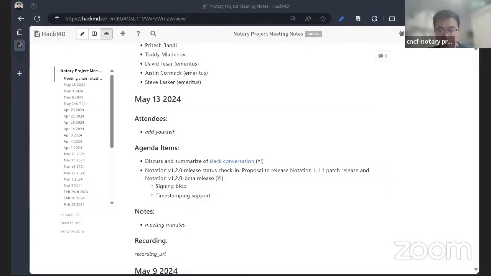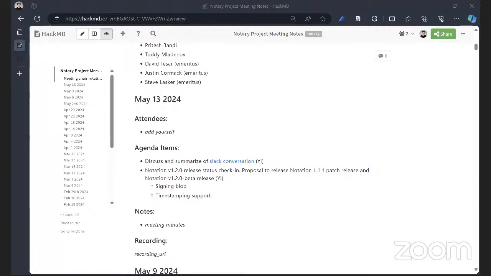This is the first part, then the second part. Can you show it on the HackMD? Can you just put a new screen on HackMD and put it there? It would be easier for everyone to read. I'm not sure. I can share the screen. Okay, let me open that and share the screen.